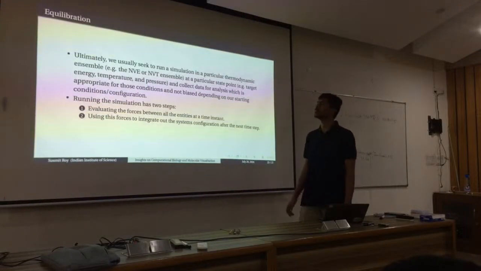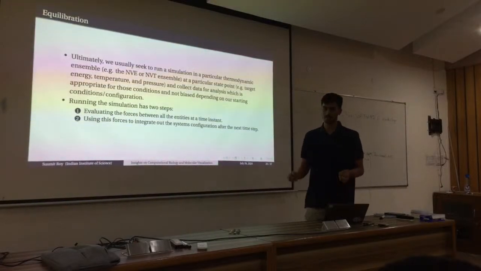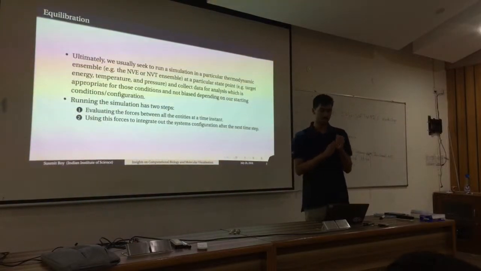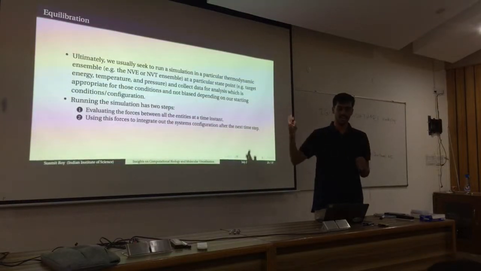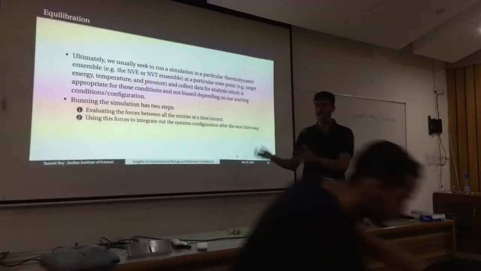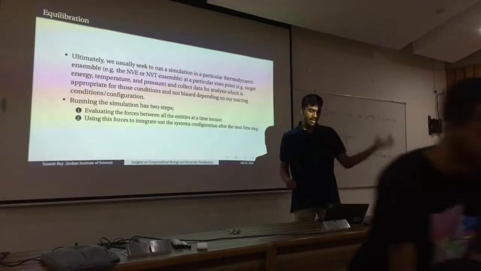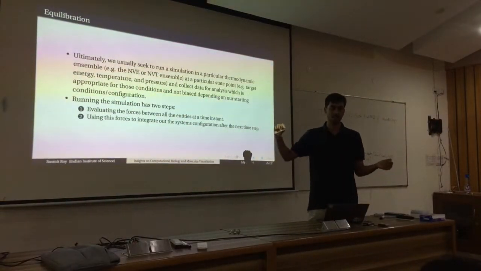The next step is equilibration. What is done in molecular dynamics is you want to reach a certain macroscopic state, for example N, V, and E, from an initial state. For reaching that, you will need to equilibrate your system.